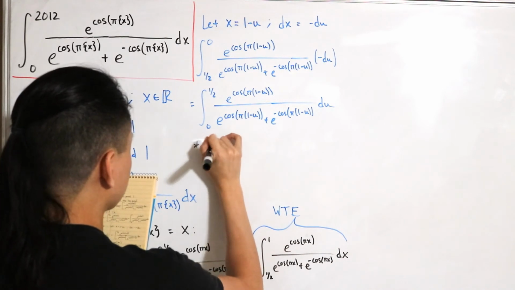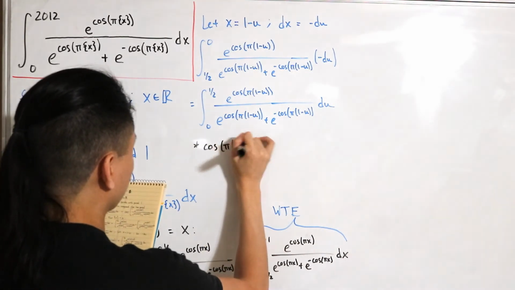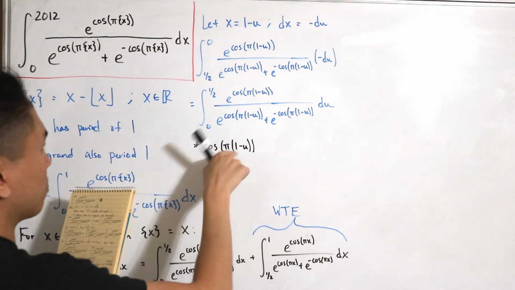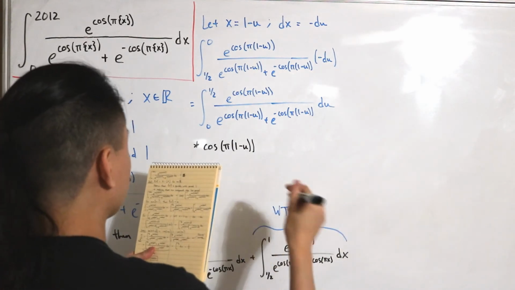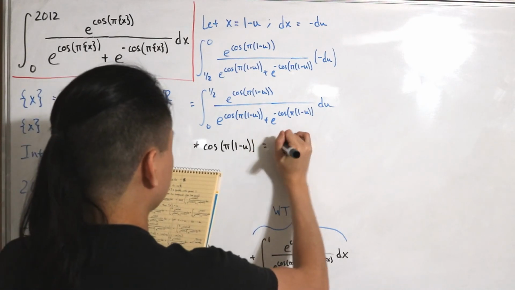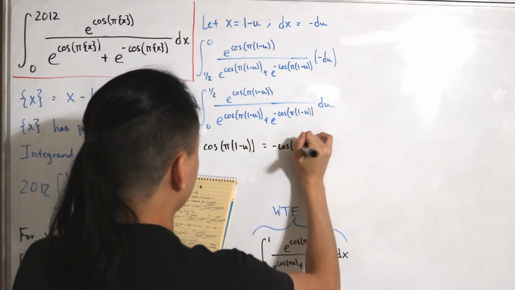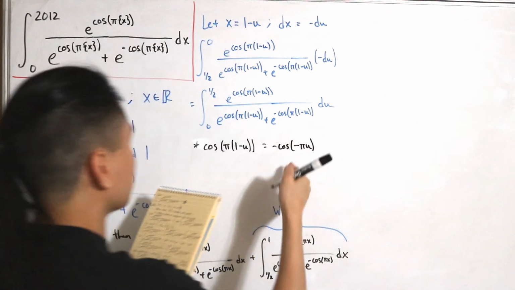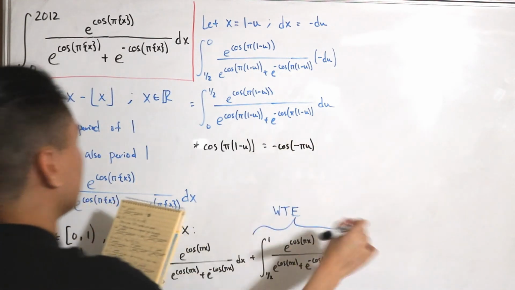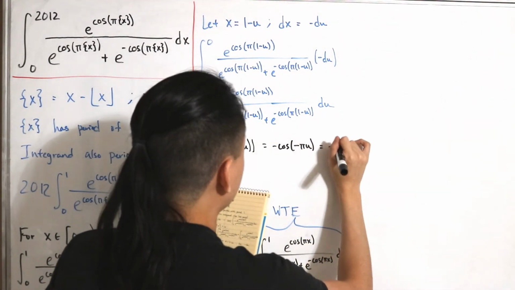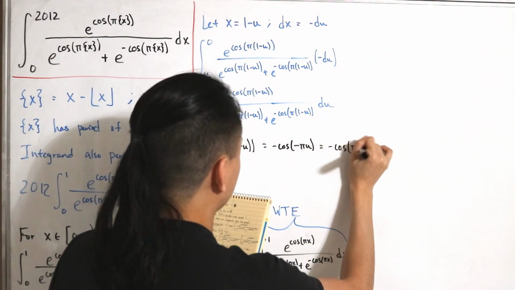We know cosine of pi times 1 minus u, if you distribute the pi, then you can use one of those identities. I'm going to use the summation identity, which says that's going to equal negative cosine of negative pi u. But cosine is an even function, so that gets rid of the negative in the input itself. And so we're just left with negative cosine of pi times u.